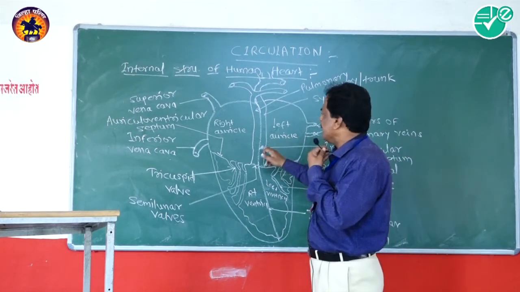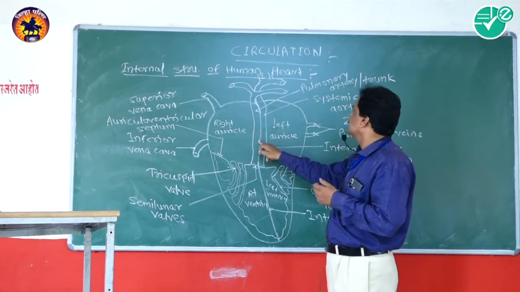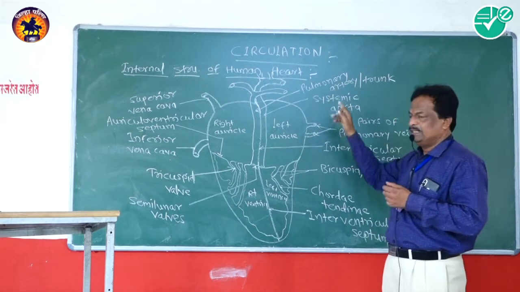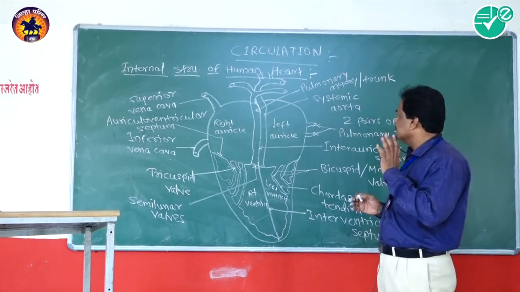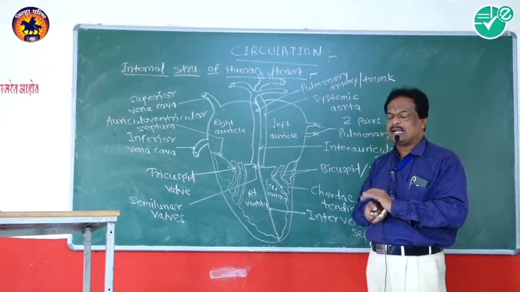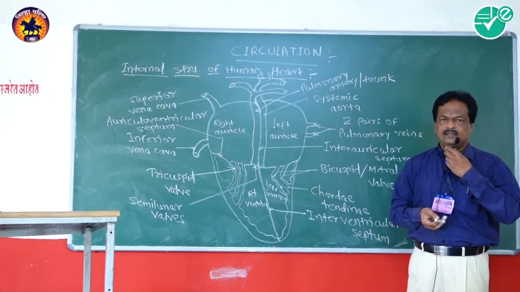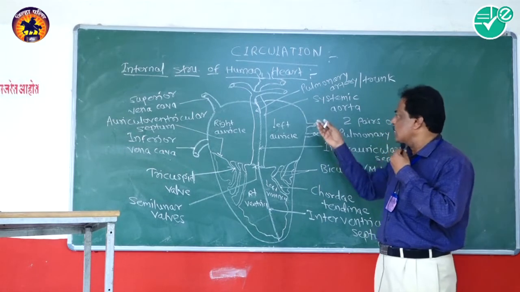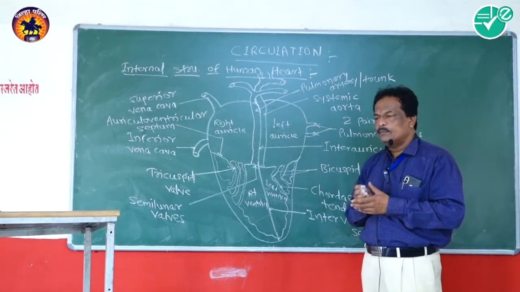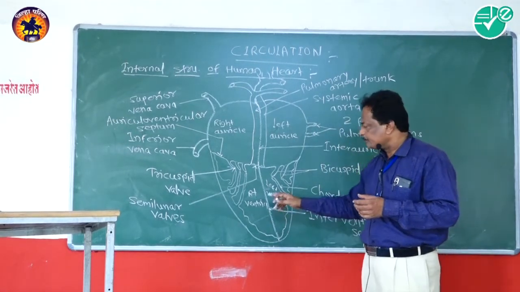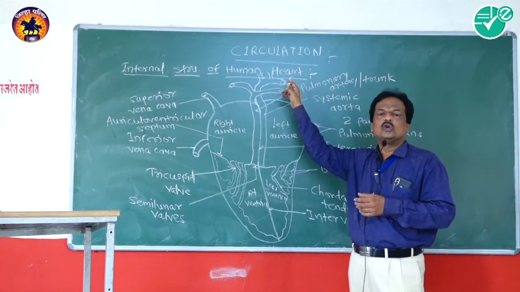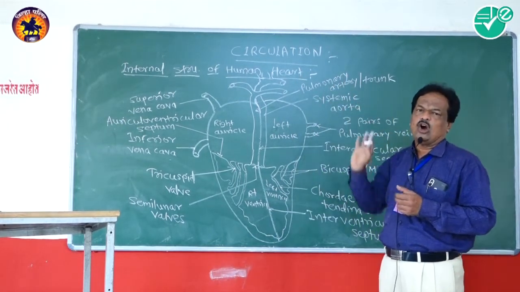At the same time, the pulmonary trunk or pulmonary artery is also an exceptional artery, which carries the impure blood from the right ventricle to the lobes of lungs for oxygenation.